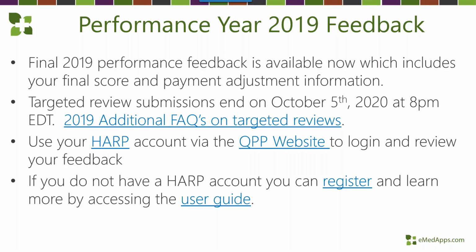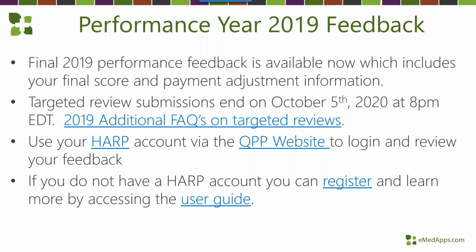If you do request a targeted review, you'll want to make sure that you have some information available and reasons why you feel a payment adjustment or your final score needs to be altered in any way. I've included some of the links to the additional facts on what to have available in your targeted review request, and also how to log into your HARP account, or create a HARP account if you currently don't have one.